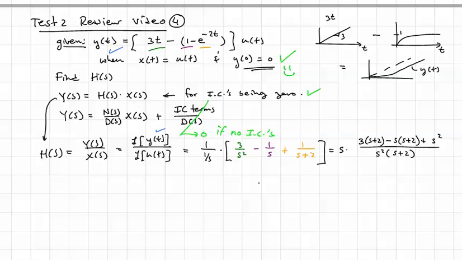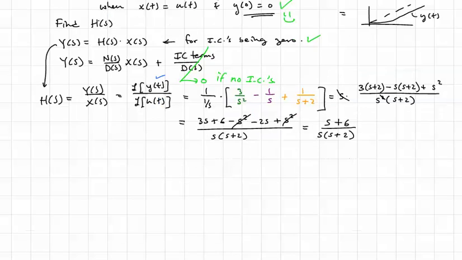And if we collect the terms, let's see, we have 3s plus 6 minus s squared minus 2s plus s squared. So the s squareds cancel, and we are left with s plus 6. I hope I'm doing this correctly here. S plus 6 over s times s plus 2.